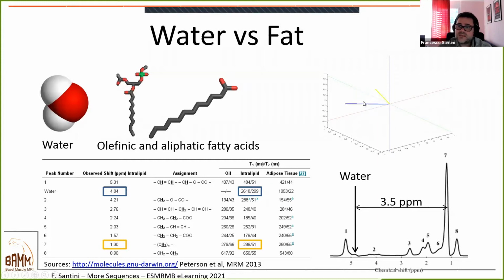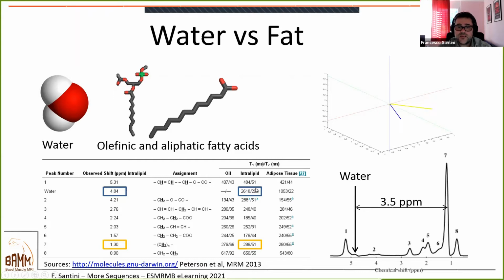This means that the hydrogen in the water and the hydrogen in the fat precess at different frequencies. So this is a schematic: the water will precess at a certain frequency, and the fat will have a different frequency. But we can also distinguish water and fat by their T1 and T2 values.